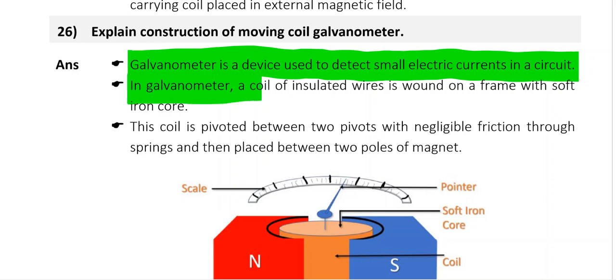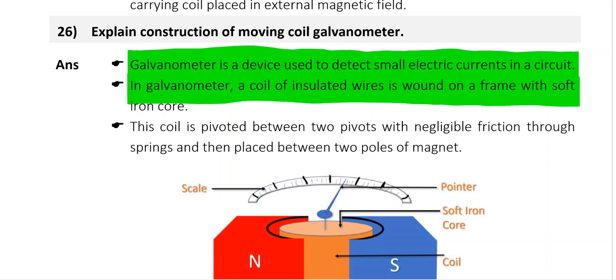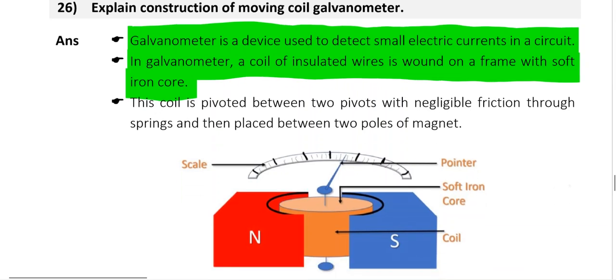In galvanometer, a coil of insulated wire is wound on a frame with soft iron core. As I mentioned earlier, you can have coil without anything inside, but if you take soft iron, it will grab more magnetic field lines, and then the theta value, you are getting more magnetic flux.